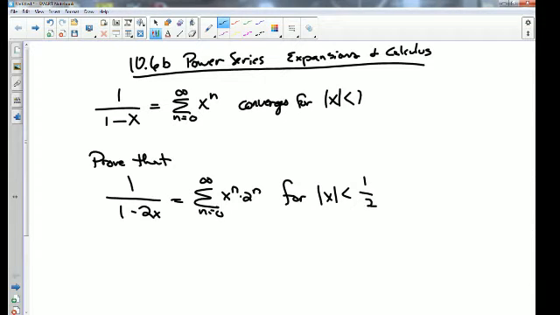Would that simplify to 2x to the power of n plus n? No, not plus n. They have different bases, right? So we do not add the exponents. But if they have the same exponent, we can combine the bases.